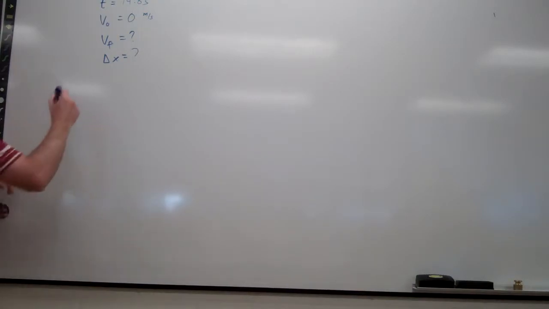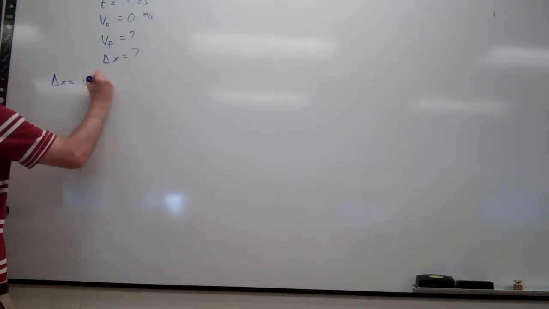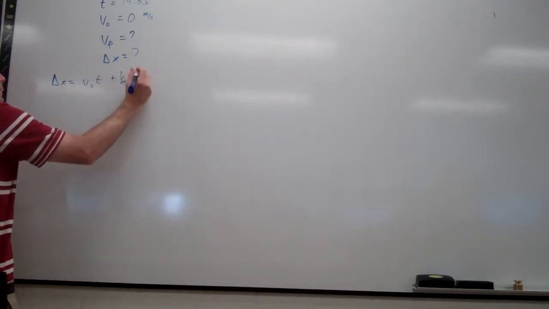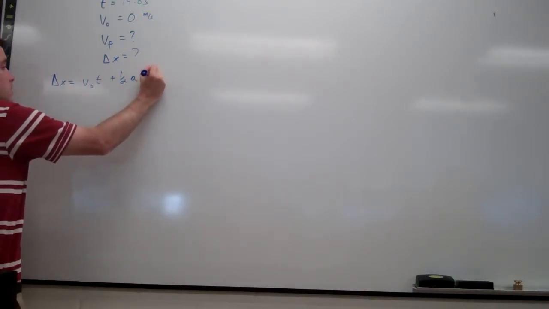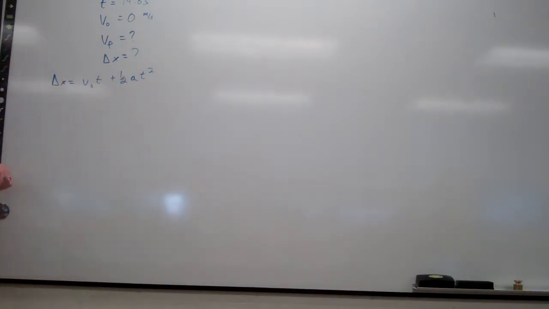Yep, 3. So we're going to use delta x equals VOT plus 1/2 AT squared. I never make the tops of my 2's, so they look like fishes. So we have delta x equals 0 plus, since VO is 0, it makes the whole term 0. Is everybody okay with that?